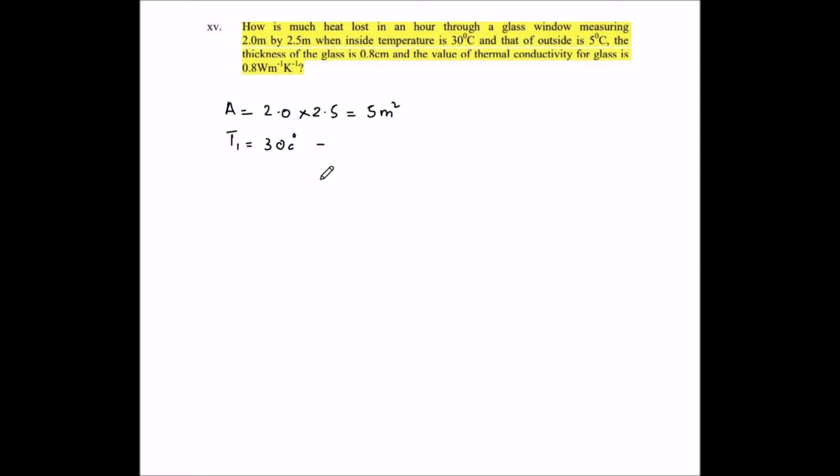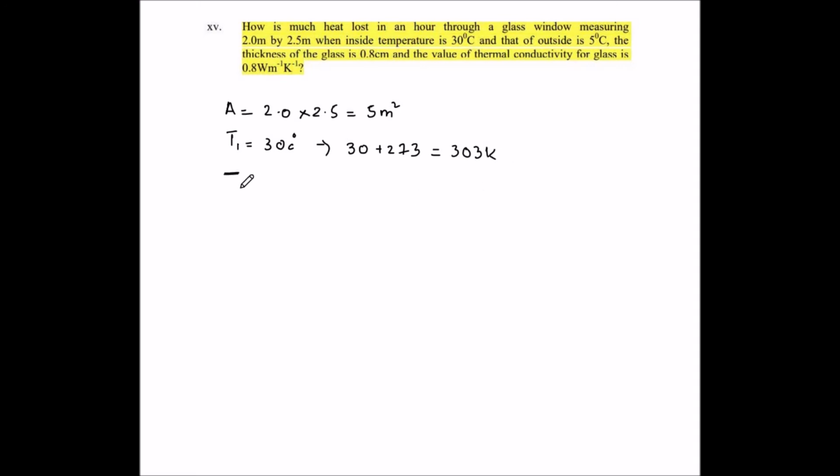Now you convert your temperature from degrees Celsius to Kelvin, because the SI unit of temperature is the Kelvin. How to convert degrees Celsius to Kelvin? It is very simple. The given number, which is 30, add with 273. So when you add the given number with 273, then you get temperature in Kelvin. 273 plus 30 gives you 303 Kelvin.